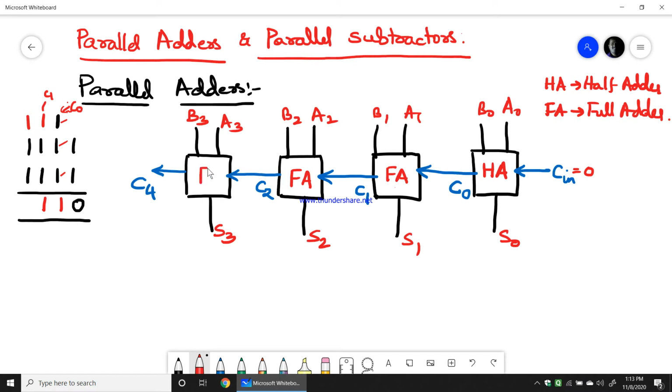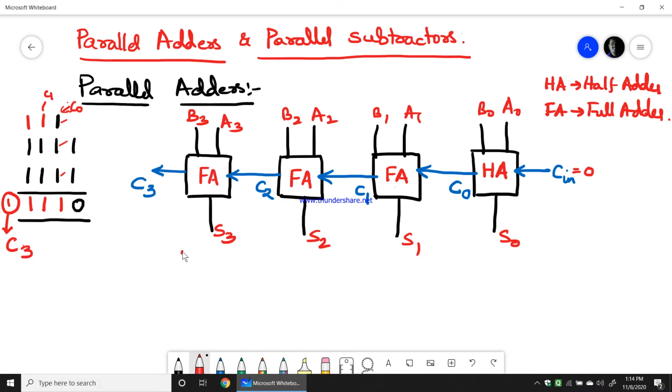Therefore this will also behave as a full adder. Now this 1 plus 1 plus 1 will be 1 and you get a carry outside, and this is nothing but C3, because after C2 it is C3. So this will be the carry which we get, C3, which is coming out of the last full adder.